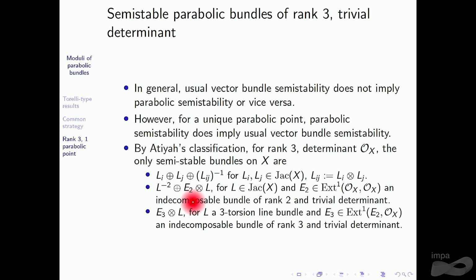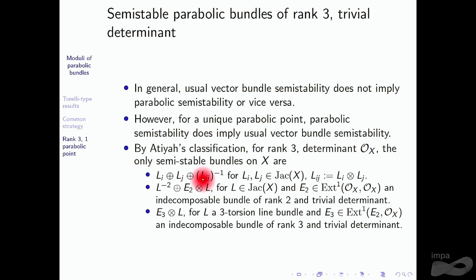Or it's going to be E_2, Atiyah's indecomposable bundle of rank 2, tensored with L, direct sum L to the minus 2. Or it's going to be the indecomposable bundle of rank 3, tensored with a 3-torsion line bundle. This is Atiyah's classification.